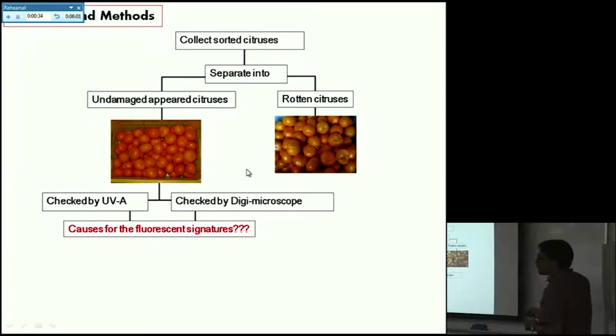For further experiments, from these samples we collected around 35 kilogram of samples to find the possible regions behind the fluorescence emission for this type of fruit. We checked with a UVA system, and then with a digital microscope system.